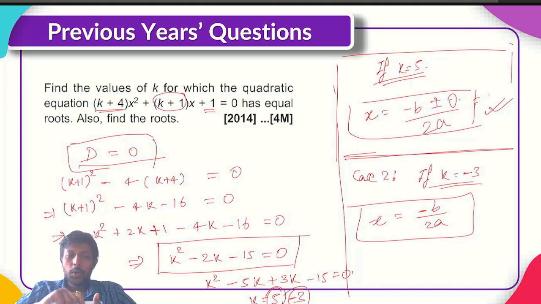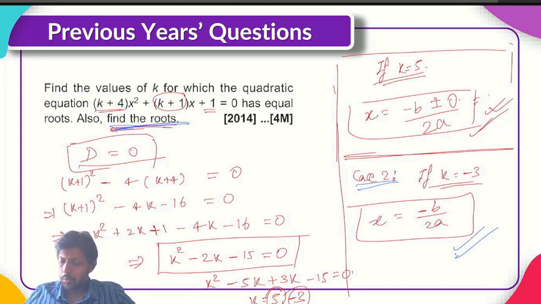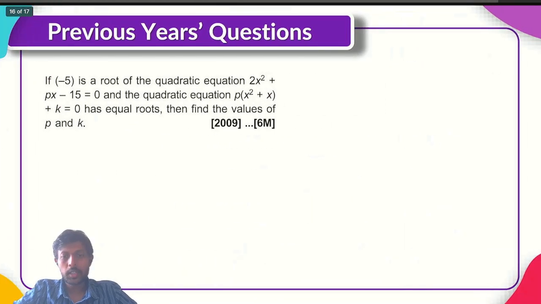So we used one value of k to find the actual roots, because we have to do that also. And then for case 2, we use the other value of k and found out the other root also. So found out the roots when k is equal to minus 3. Okay, I think this will help you solve this completely. Let's move on to the next question.